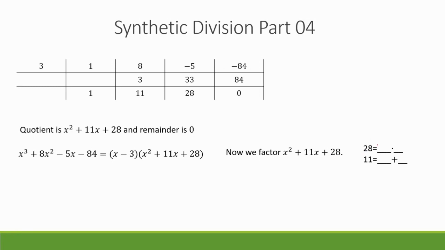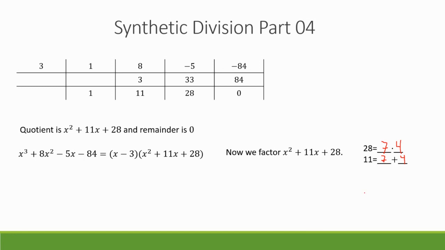So we want two numbers whose product is 28 and the sum is 11. Well, how about 7 and 4? 7 times 4 is 28. 7 plus 4, that's 11, so that works.